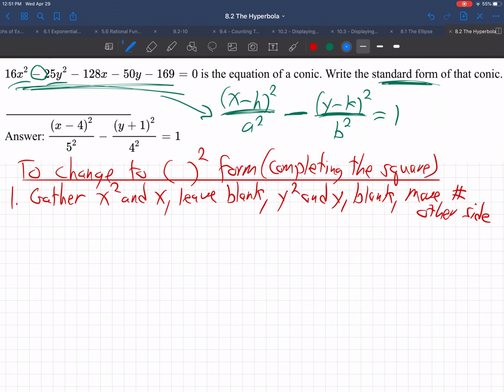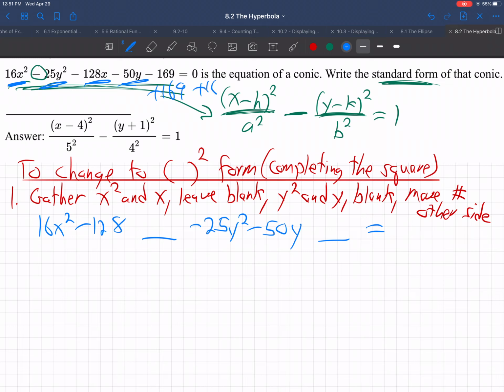I'm going to grab this and go 16x squared and minus 128x. Gather them together, leave a blank, and then minus 25y squared minus 50y, leave a blank, equals, and then add the 169 to both sides.